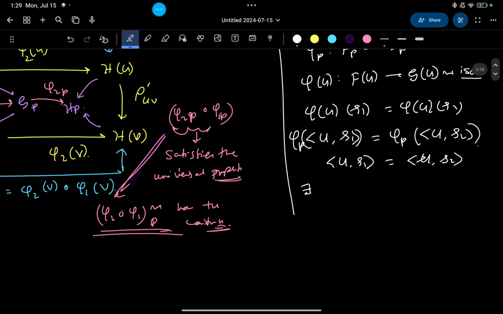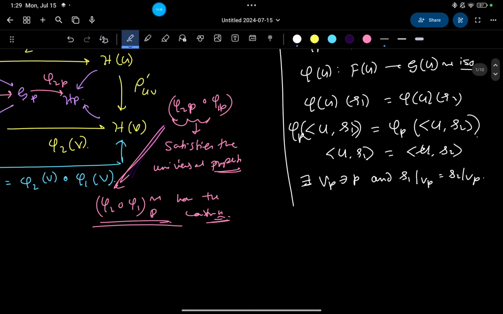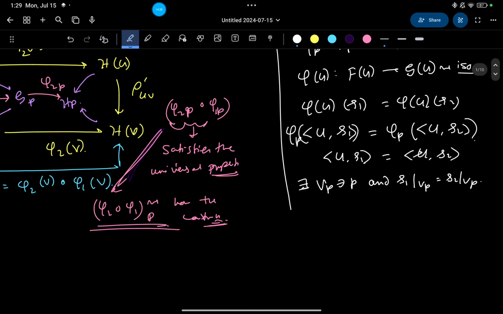So there exists Vp that contains p such that s1 restricted to Vp is the same as s2 restricted to Vp. Okay. So (s1 minus s2) restricted to Vp is 0.